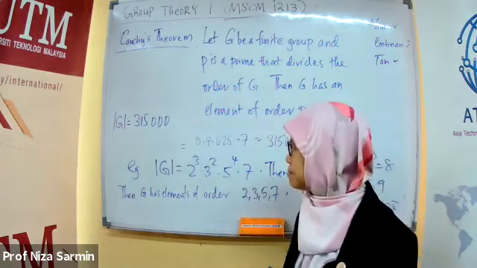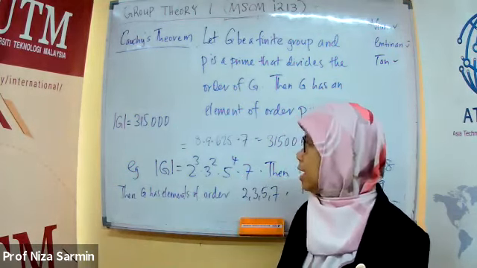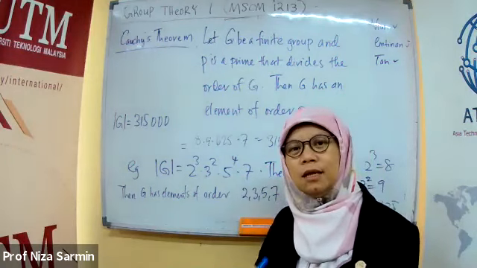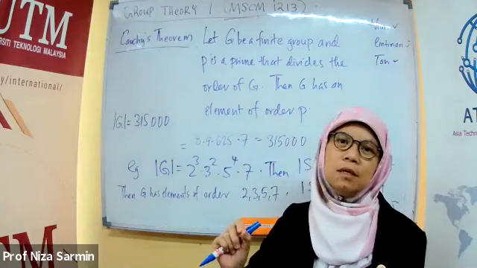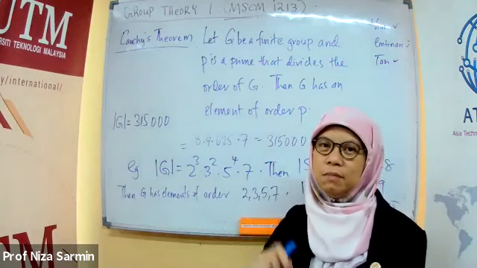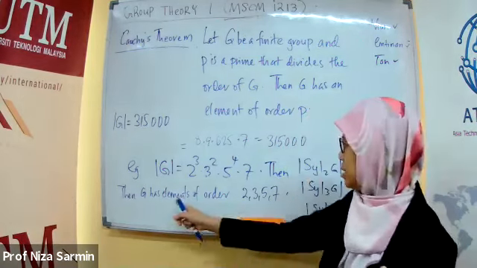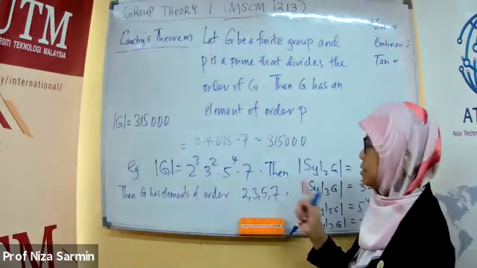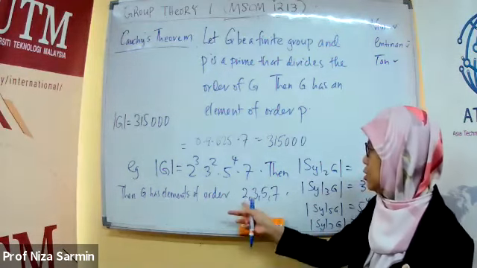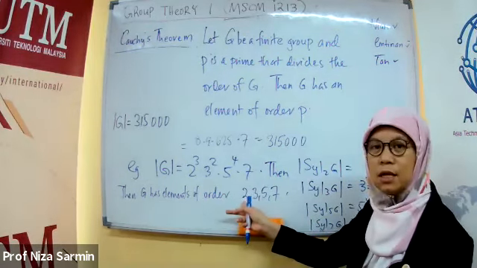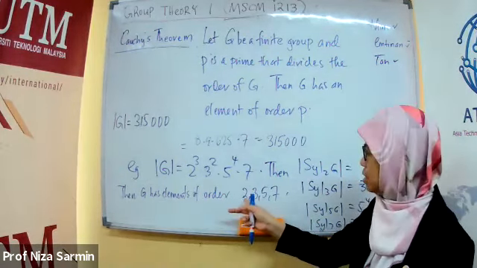Okay, and list all element orders that G must have. So you will write this. Next, if you found the elements in certain cases, you can actually find a cyclic subgroup of order 2, 3, 5, 7 by generating.